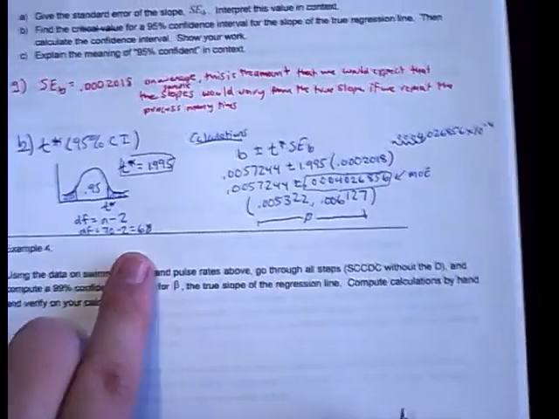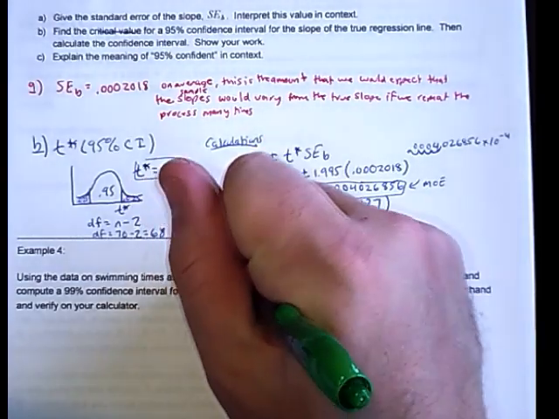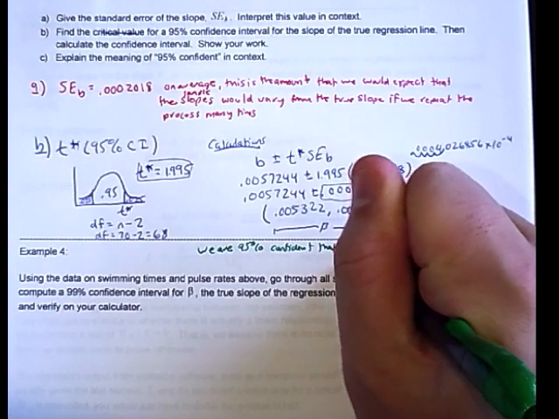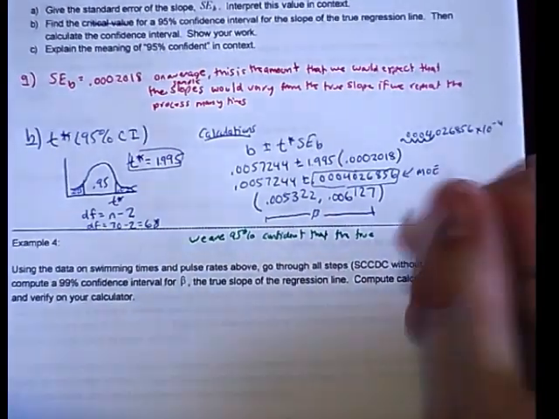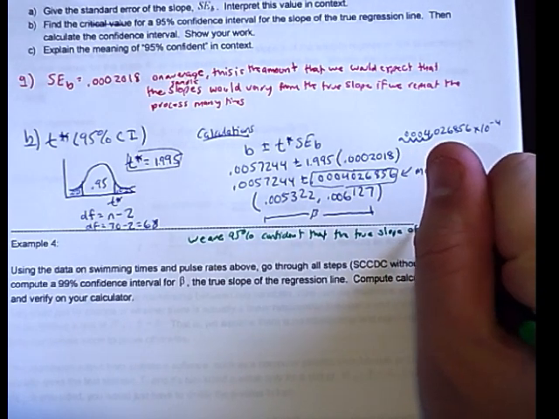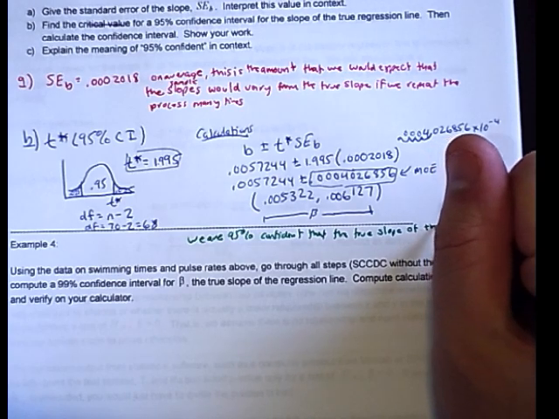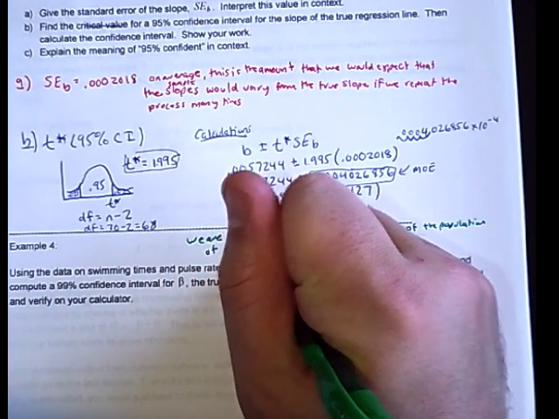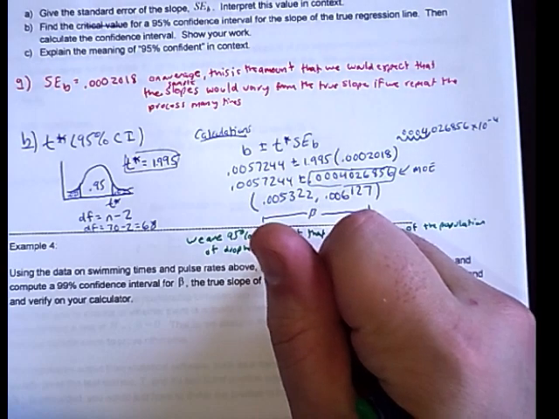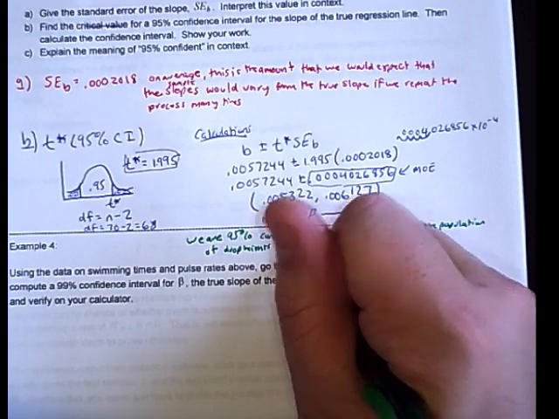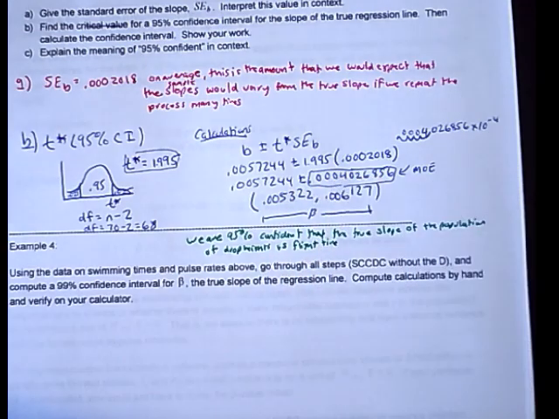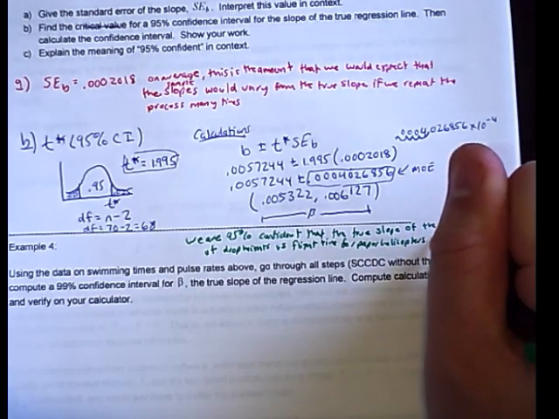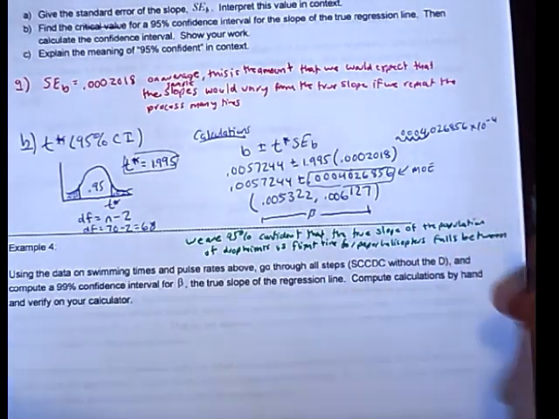So if we were going to write the conclusion here, part C, we are 95% confident that the true slope of the population of drop heights versus flight time for paper helicopters falls between these two numbers.